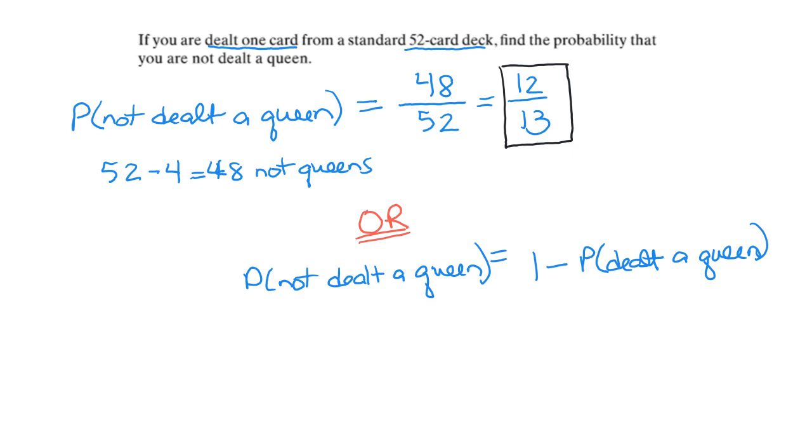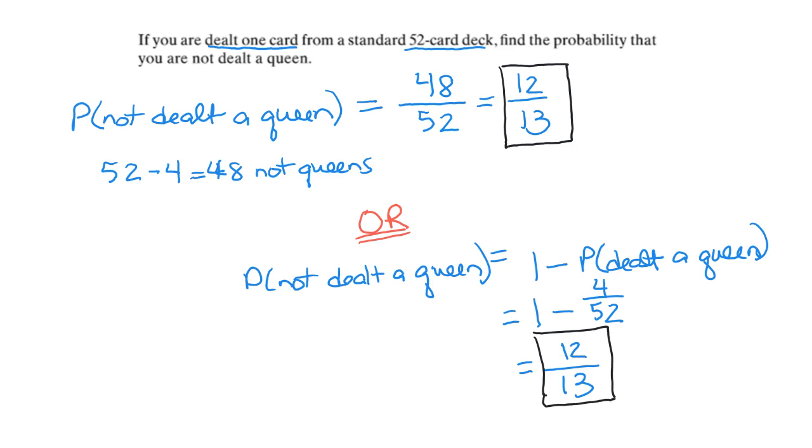And then we know that we have 4 queens out of 52 cards. And again, if you place this into your calculator, you will get 12 over 13. So once again, we're coming up with the same answer. It's just a different way to work this problem.